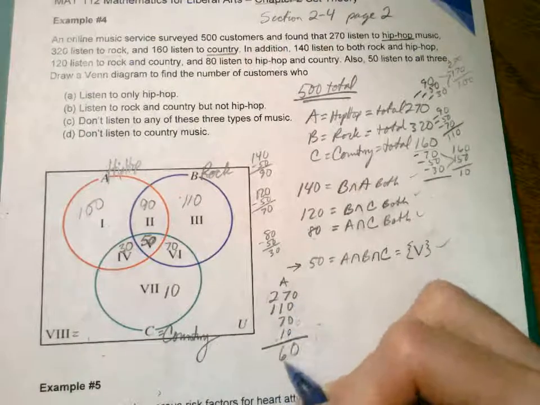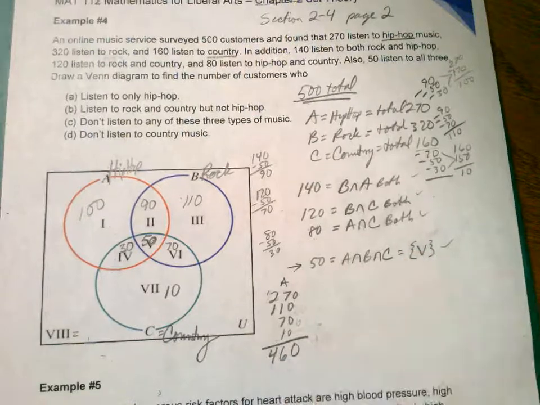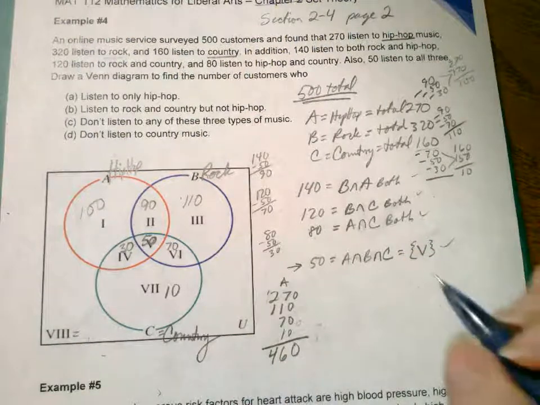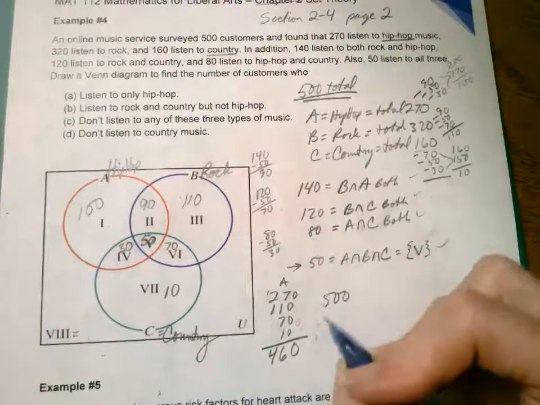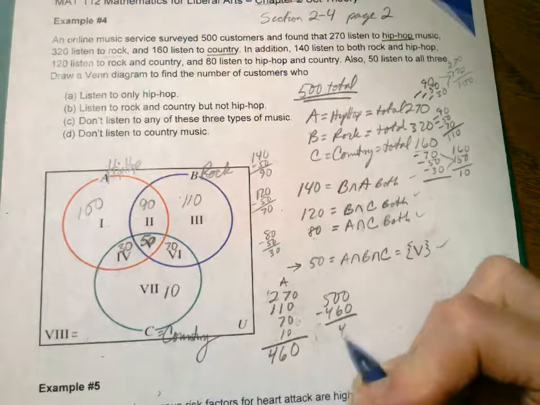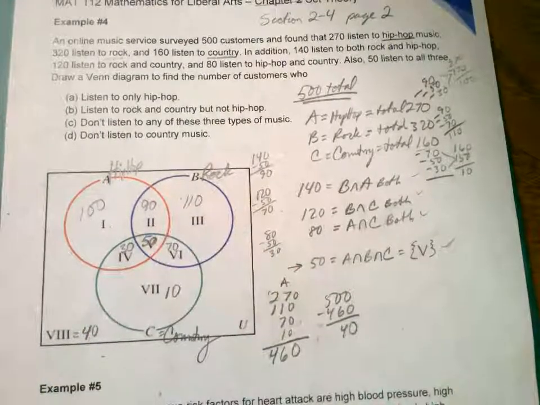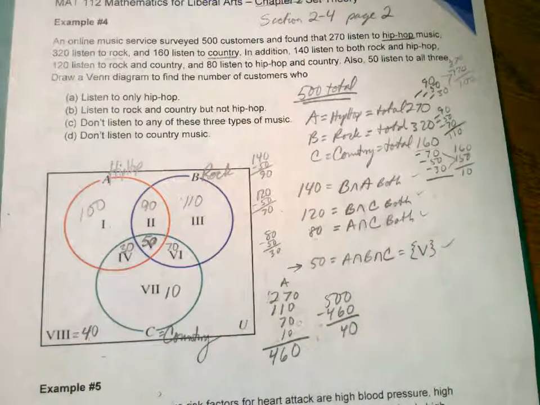That's 460. That makes more sense, doesn't it? Because we had 500 total minus the 460 that are in the three sets. So that's going to leave 40 that don't listen to those three types of music.